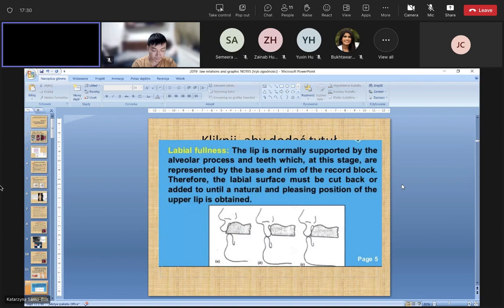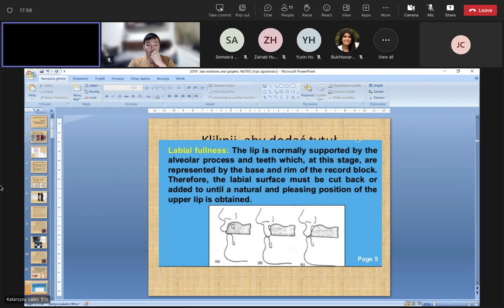The lip is normally supported by the alveolar process and teeth, which at this stage are represented by the base and rim of the record block. Therefore, the labial surface must be cut back or added to until a natural and pleasant position of the upper lip is obtained.